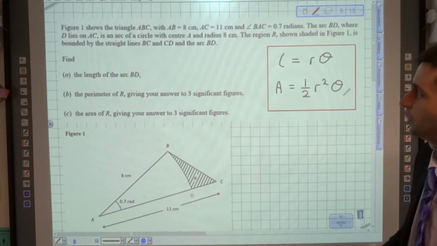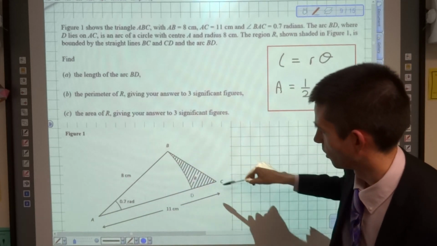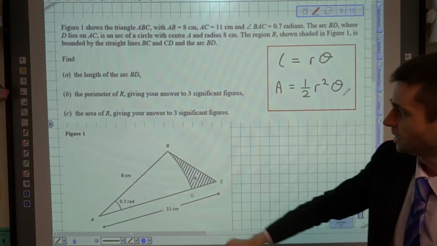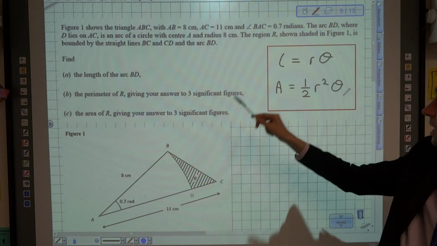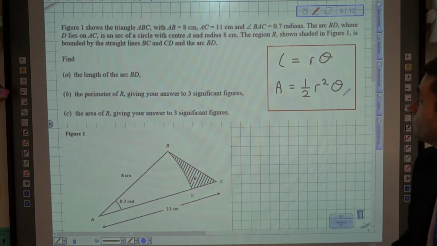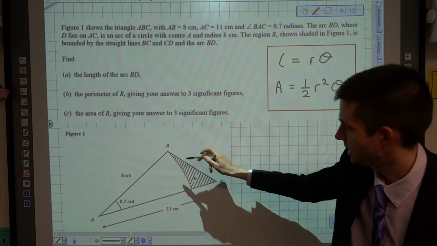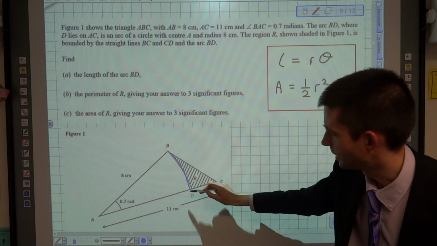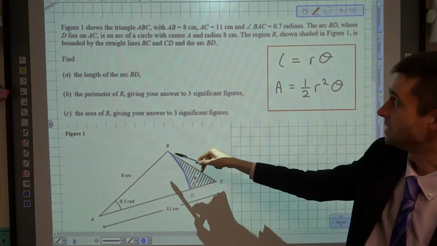Right then, so here we have figure 1, which shows the triangle ABC, with AB equals 8 centimetres, AC equals 11 centimetres, and angle BAC equals 0.7 radians. The arc BD, where D lies on AC, is an arc of a circle with centre A and radius 8.